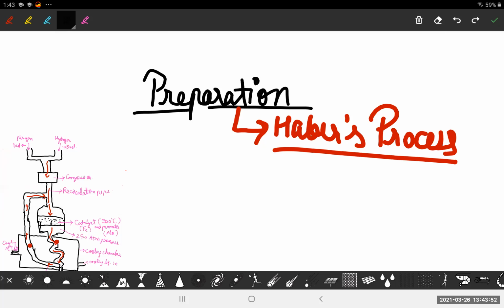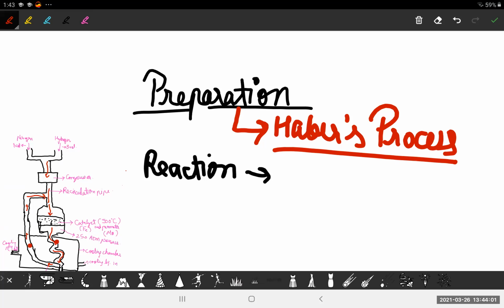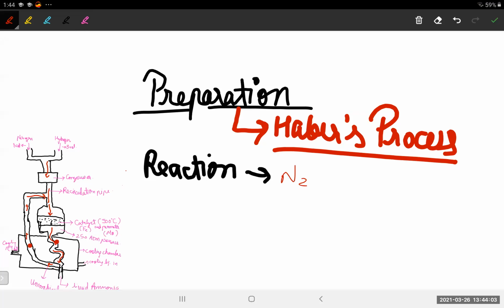So as you can see, the reaction is N2 plus H2, coming in gaseous state in the ratio 1:3.